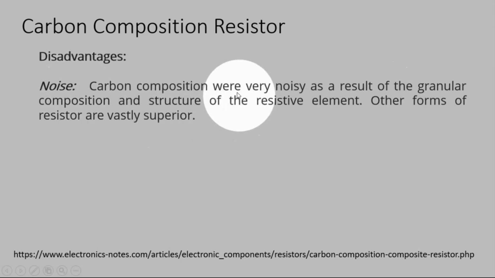The CCR is actually very noisy because the material inside the resistor is a composition of carbon, which produces noise. Therefore, other forms of resistor are vastly superior with respect to the noise factor.